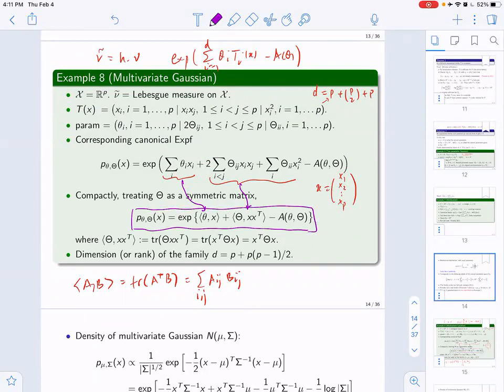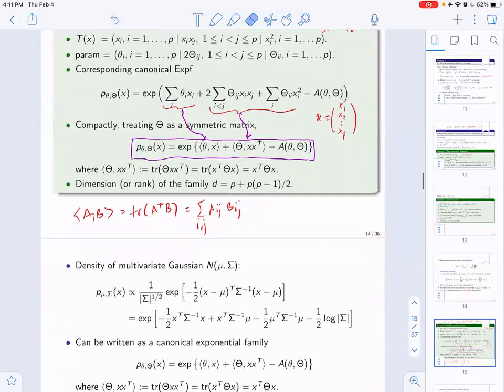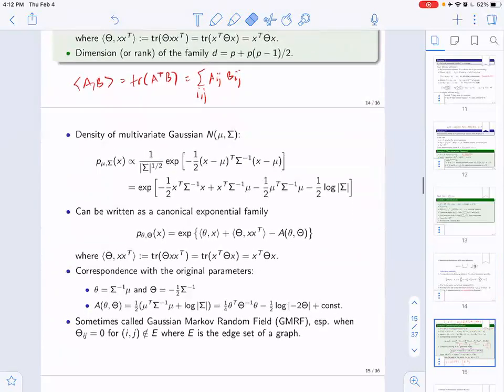The question is, what is this function? What is this log-partition function? It is what makes this whole thing integrable. In general it's going to be difficult to compute, but we can do a trick and just compare it with the density of a multivariate Gaussian.